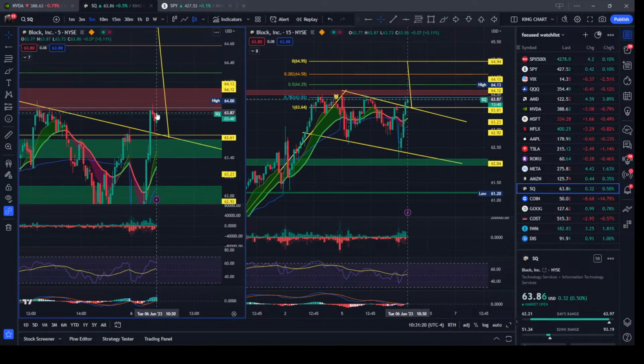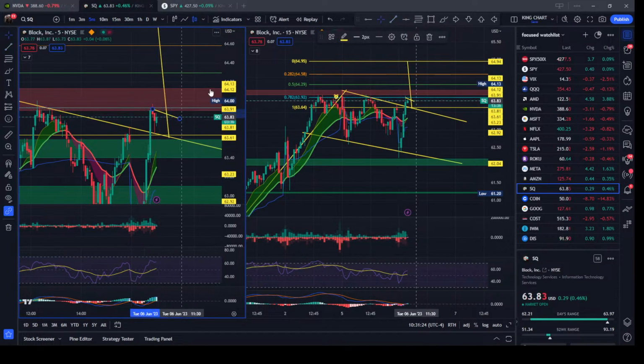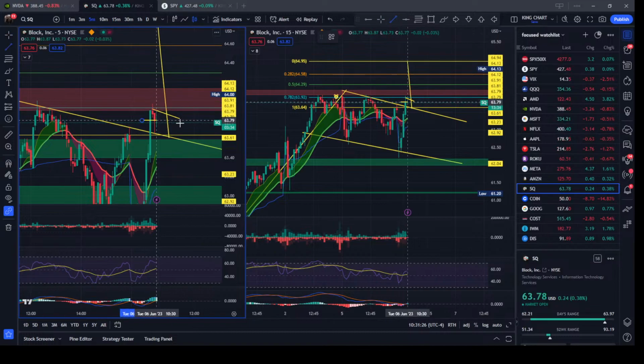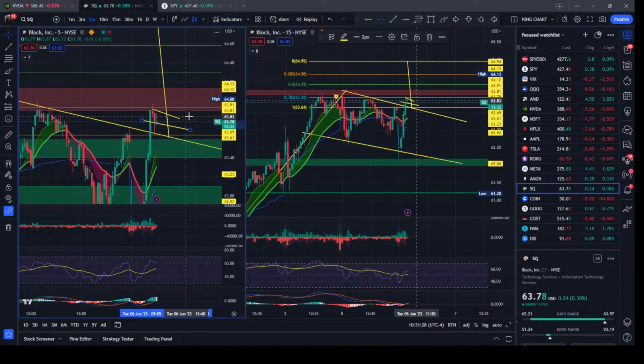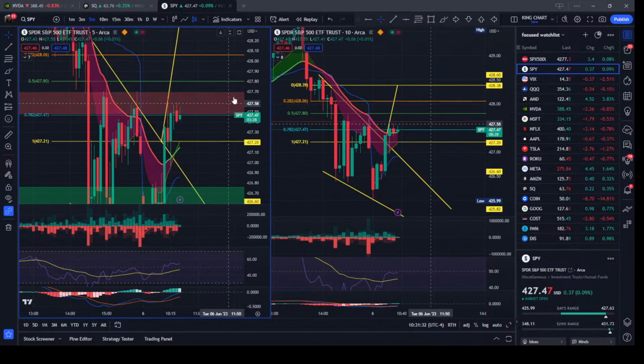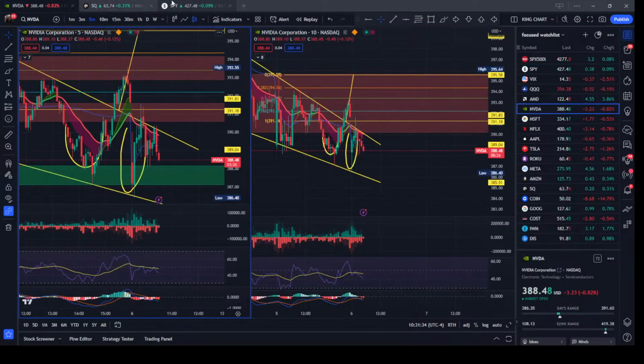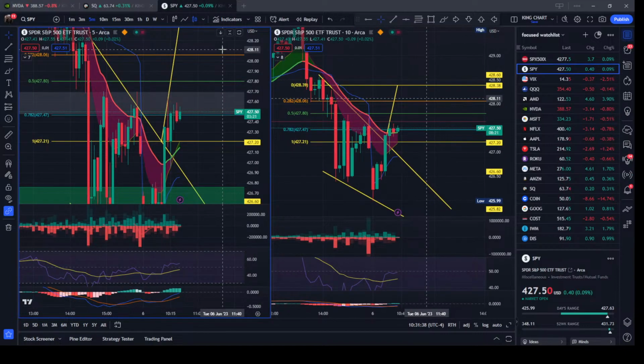And a small bull flag on Square as well on the 5. Square dumping, not Square, sorry, the video. Going back for another retest of the demand zone. SPY getting ready to push.